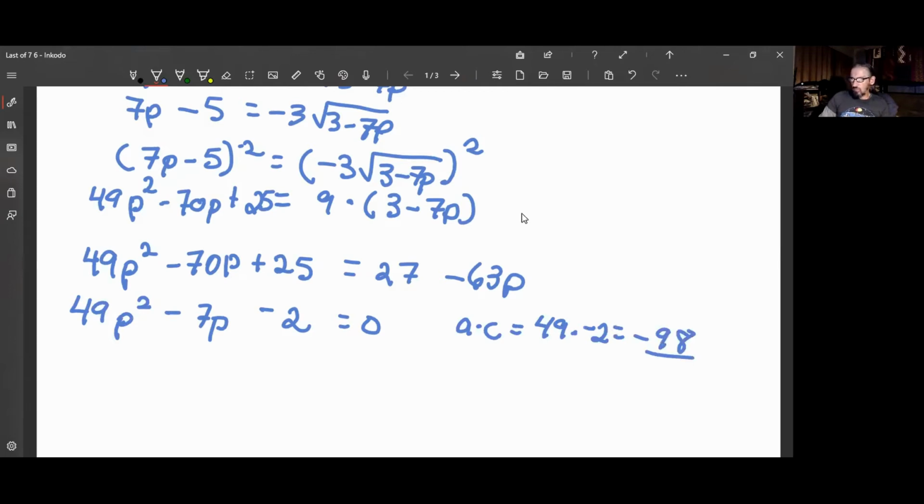I could list various factor pairs that would multiply to negative 98 and look for one that adds up to negative 7. Actually, I already know that negative 14 plus 7 would give us negative 7, and negative 14 times 7 would give us negative 98. So I use that to split up the middle term.